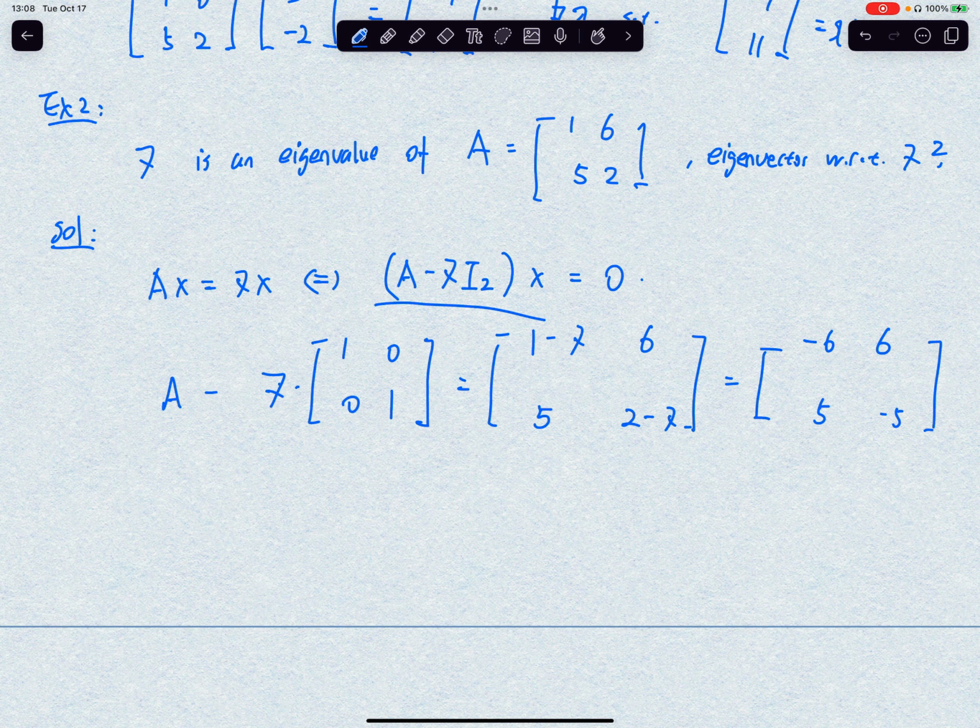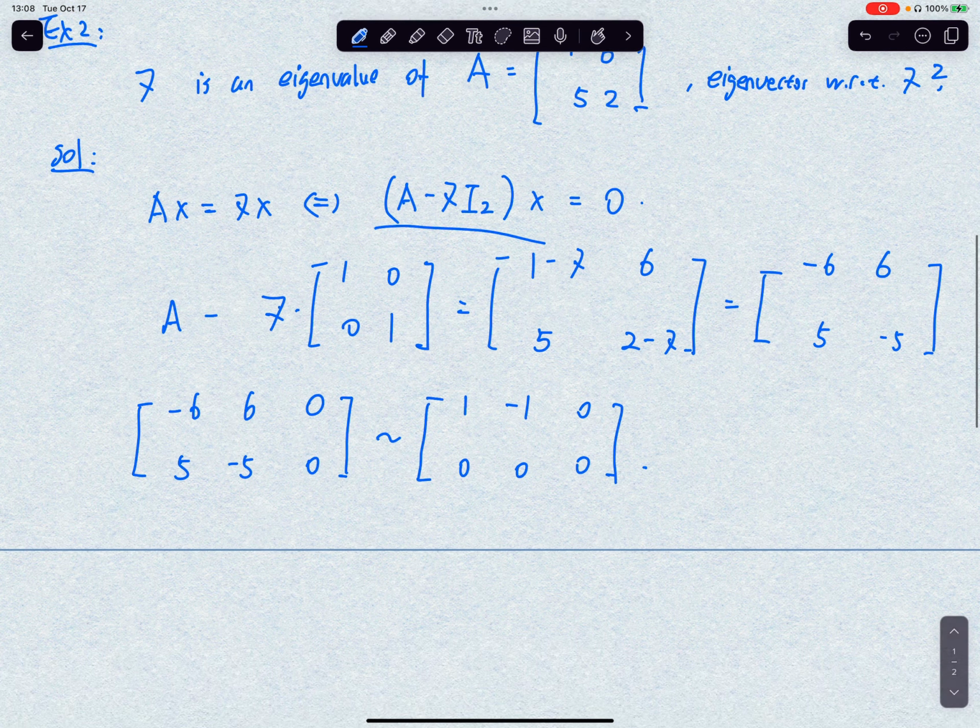To find the corresponding eigenvector, we need to use row operations. So that is [-6, 6; 5, -5] with the augmented column 0, 0. And it is row equivalent to [1, -1; 0, 0] with augmented 0, 0.